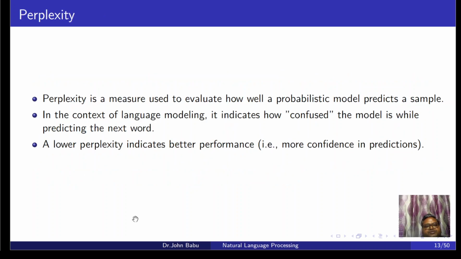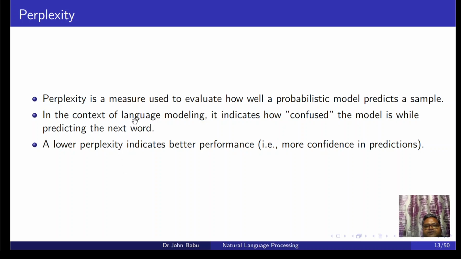The second parameter is perplexity. Perplexity is measured to evaluate how well a probabilistic model will predict a sample, how well it predicts the next word.